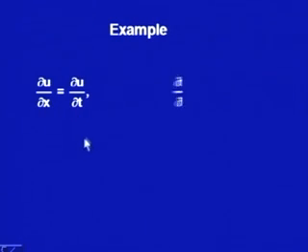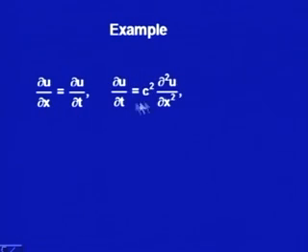Say for example, in our examples, del u upon del x is equal to del u upon del t, the derivatives are occurring in the first degree and linearly. Here also the derivatives, the second derivative and first derivative, all occur linearly. The coefficient is c square, c is a constant.